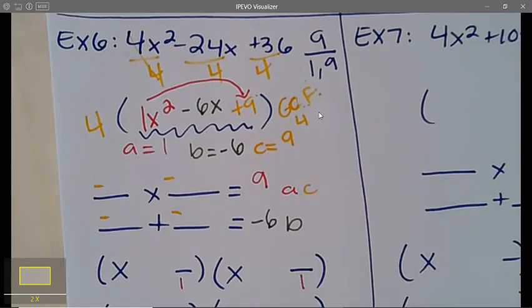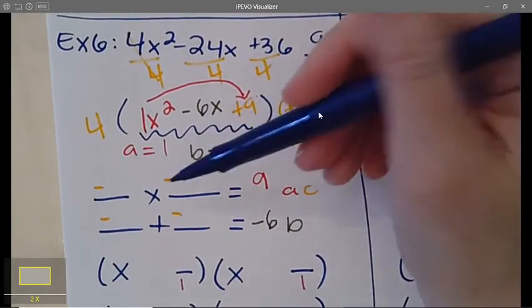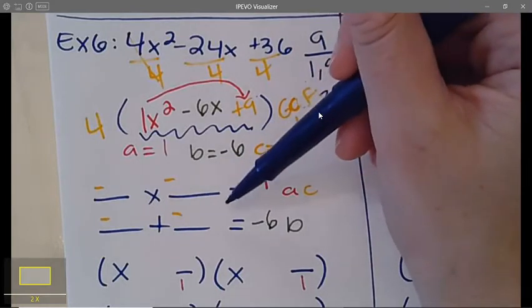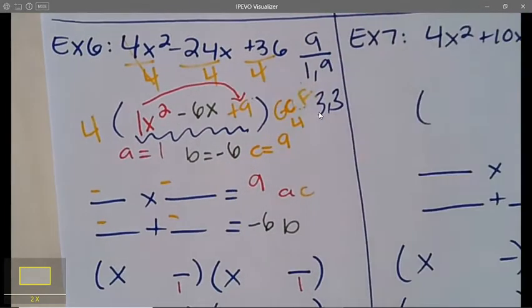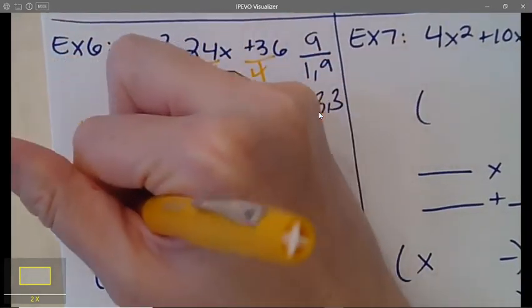Shucks. Let's try something else. I know 3 times 3 is 9, so let's see if that works. Negative 3 plus negative 3, or negative 3 minus 3 more, that will give me a negative 6. So this will be negative 3 and negative 3.